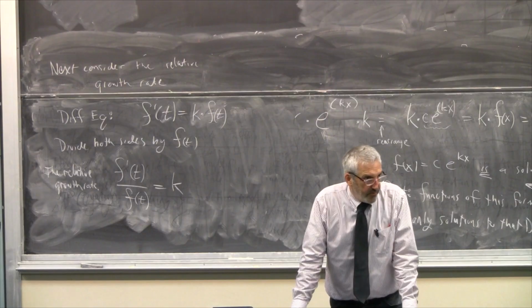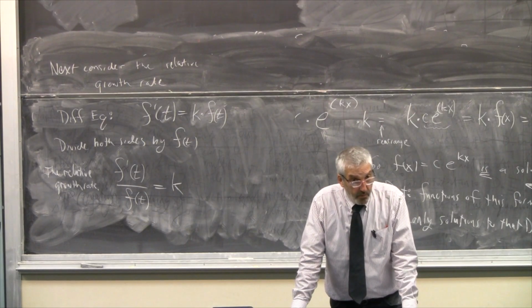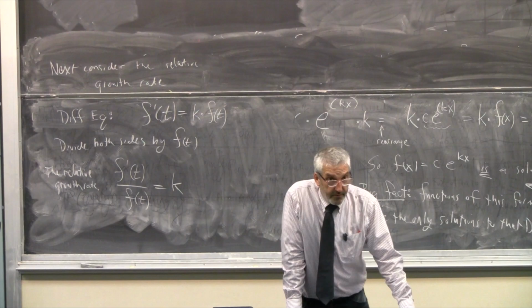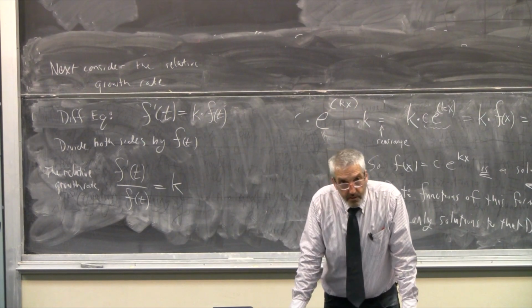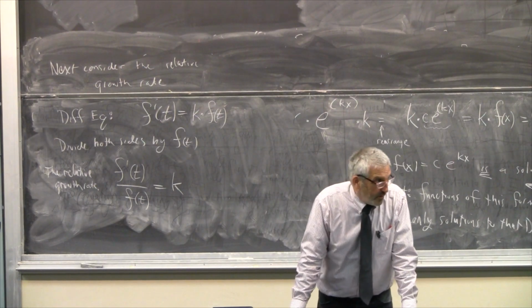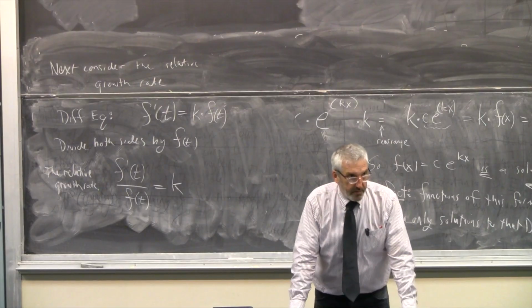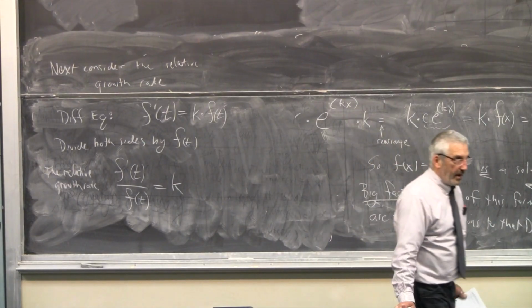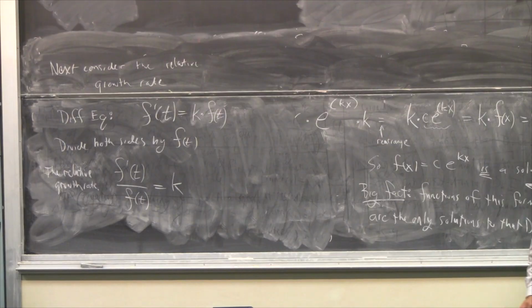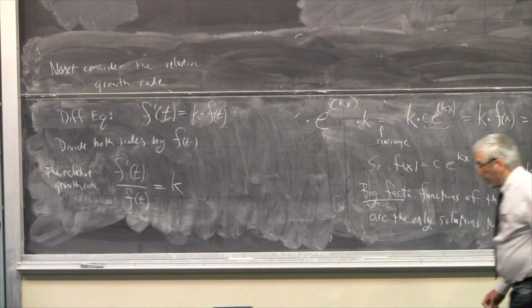If I'm a trillionaire and my net worth only increased by $1,000 during this class period, then I'm not really doing very well. But if I'm only a millionaire and my net worth increased by $1,000 during this class period, that's a pretty significant increase. So you want to know not only how fast something is changing, but how fast it is changing relative to its size. So that's the idea of wanting to know about the relative growth rate.